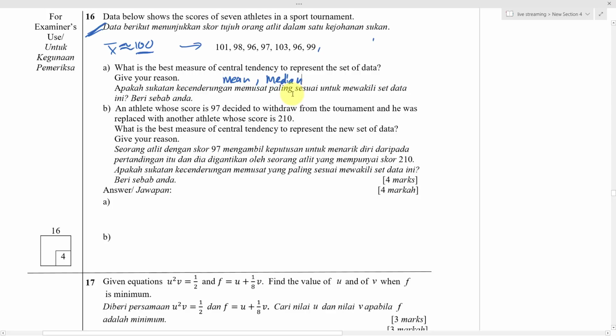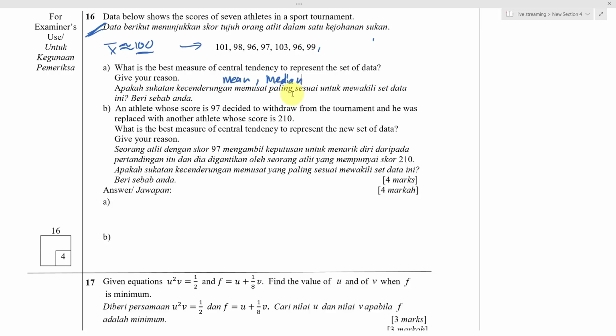I guess it has something to do with the middle value, because you want to get a very correct middle value. Standard deviation does relate to the tendency, but it actually measures the dispersion. So over here, I think mean and median will be quite a good idea.